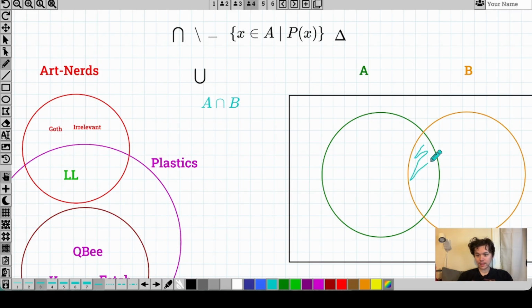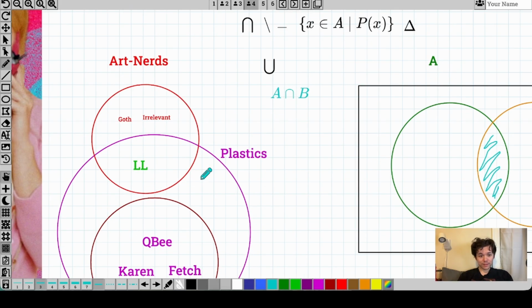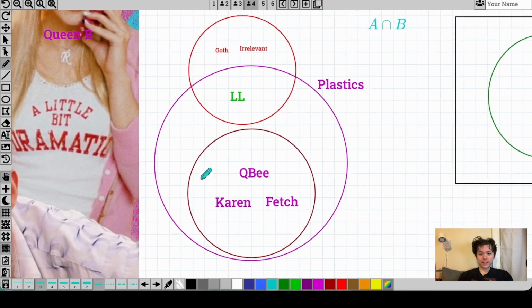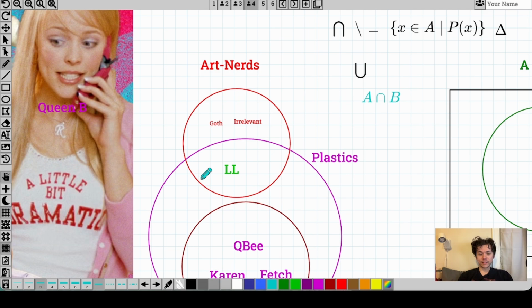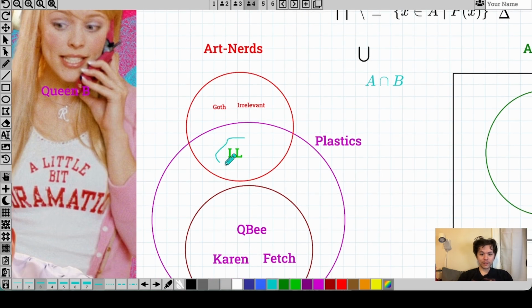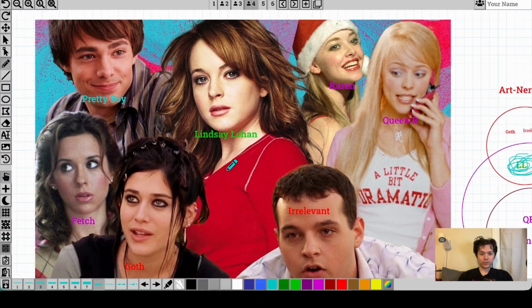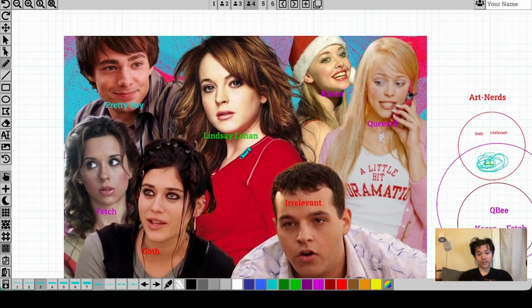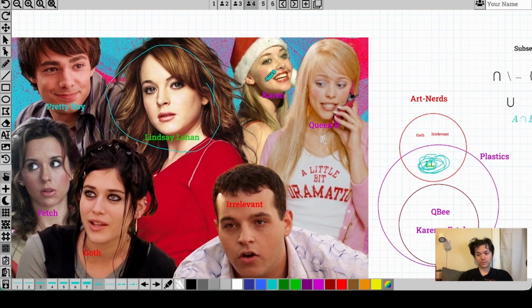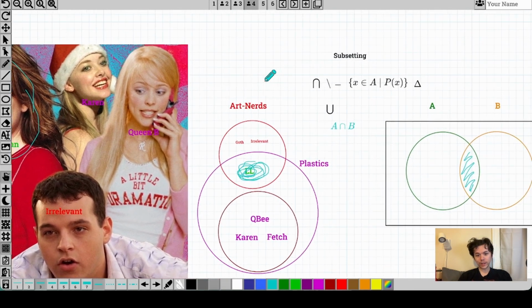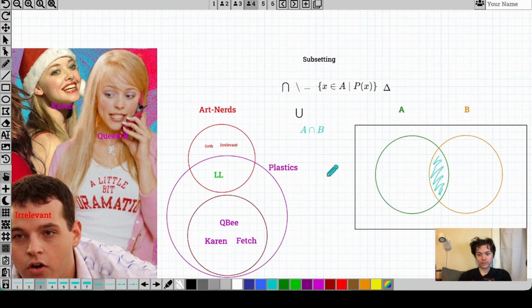So it'd be exactly this area if you're doing A intersect B. And in this example, we have our 2 key groups, the Plastics and the Art Nerds, and you have our lovely protagonists lying in the intersection. Like any good protagonist, you find them in the intersection of very different groups, and you find them in the center of the movie posters. And so that's where you find Lindsay Lohan, in the intersection.